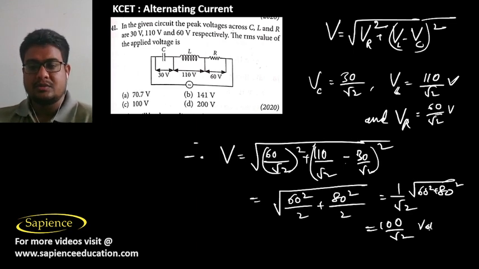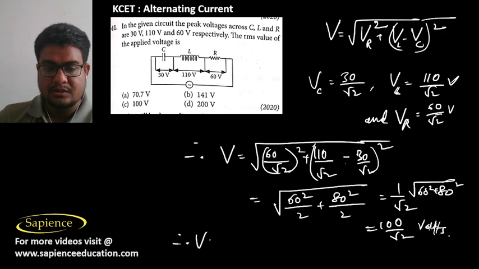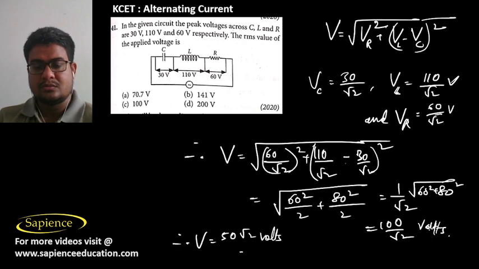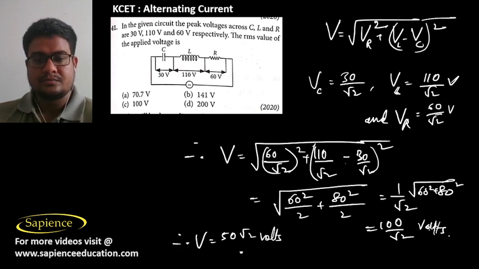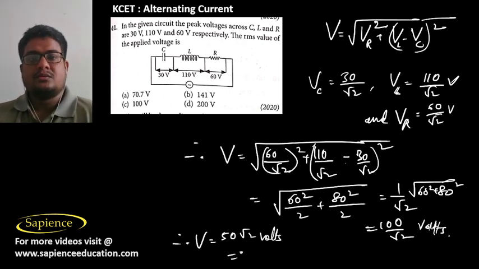So this is the RMS value of the applied voltage. Therefore, V is equal to 100 by root 2, so 50 into root 2 volts.